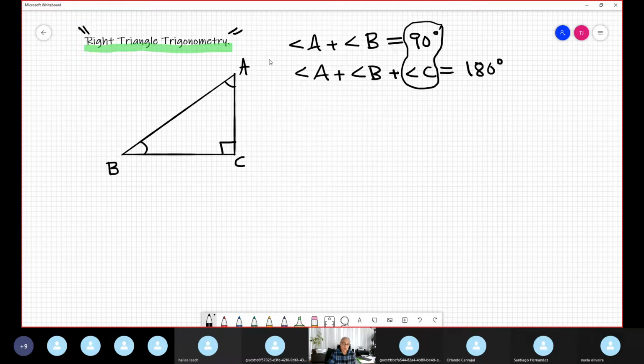And we continue the notation. The side is called using lowercase. For example, the side opposite to C is small c, and likewise a and b. The lowercase letter is the side, and the uppercase letter is the angle.